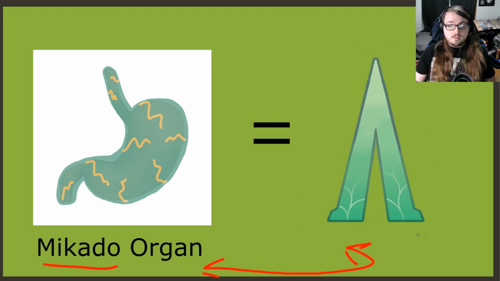Maybe this is a keystone in some way, and maybe Zygarde possesses this A, or whatever this prism-like object could be. So that's what I think the A also could be, is a Mikado organ-like thing, akin to Rayquaza.